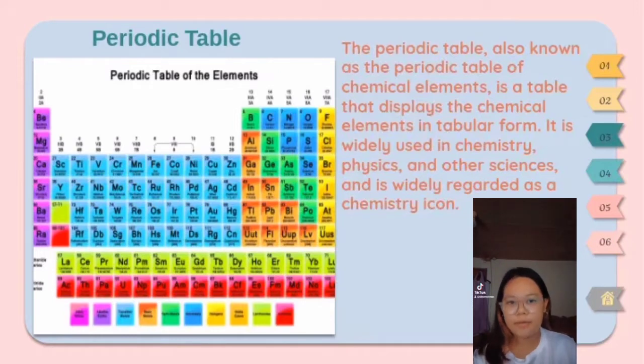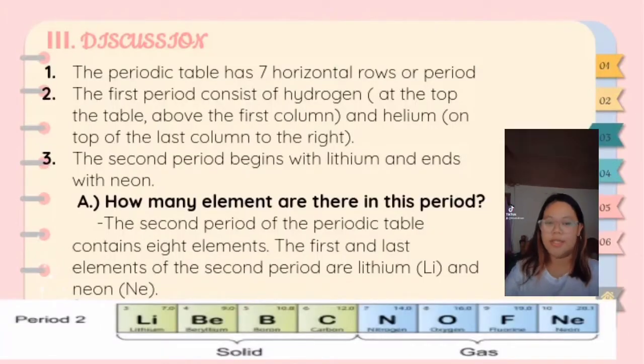The periodic table, also known as the periodic table of chemical elements, is a table that displays the chemical elements in tabular form. It is widely used in chemistry, physics, and other sciences, and is widely regarded as chemistry's icon. Let's proceed now to the discussion.